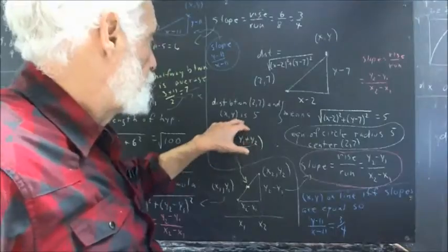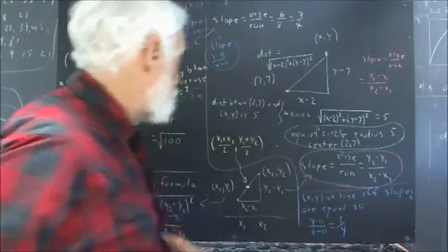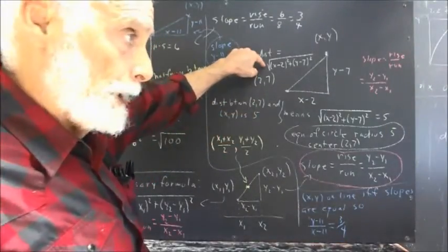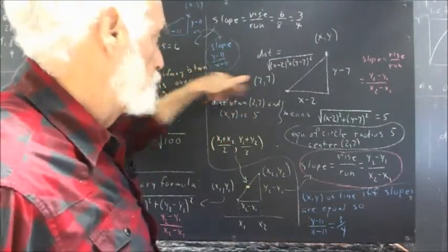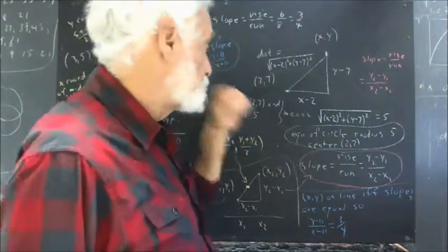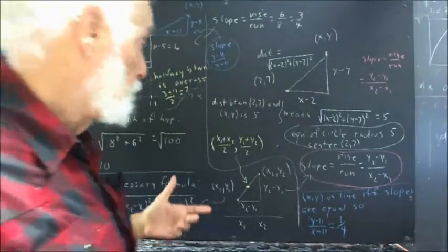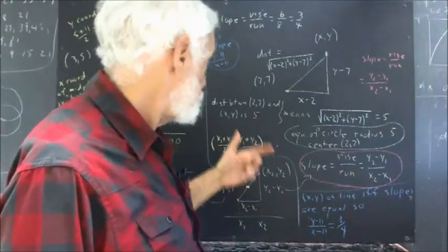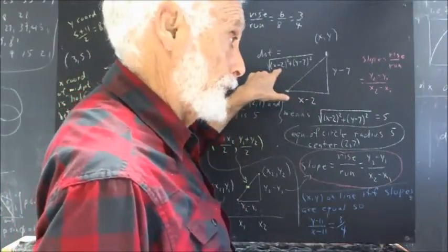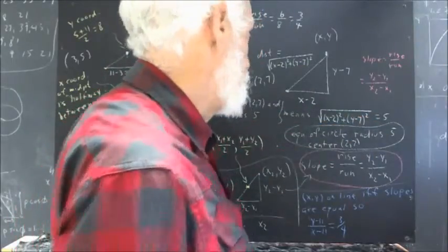Something equals 5. What is it? The distance between (2, 7) and (x, y), which we just found, and which, if we were just given this statement, we would be expected to find by sketching, not by mindlessly using a formula. We get the expression for the distance being this square root, which would then be equal to 5.